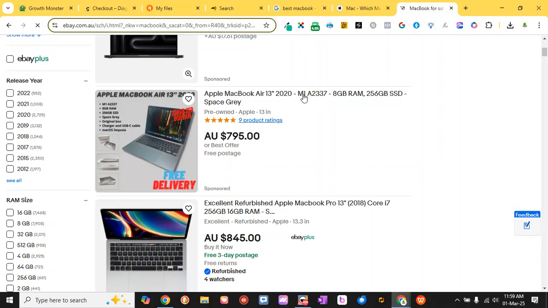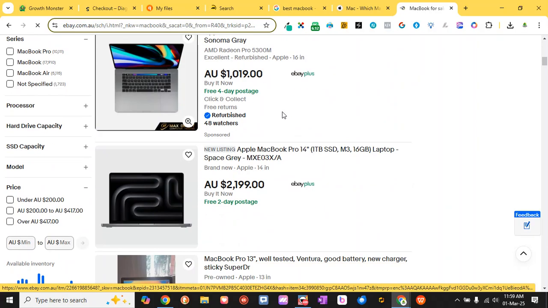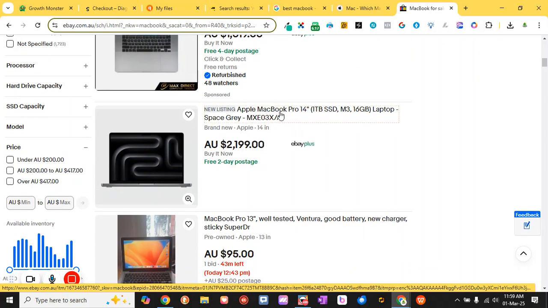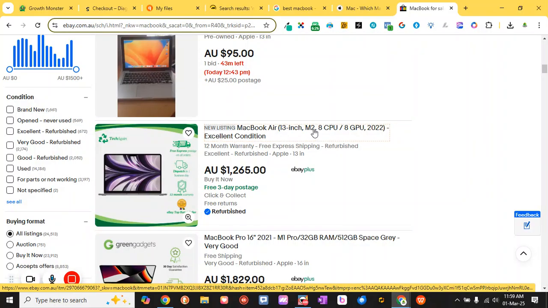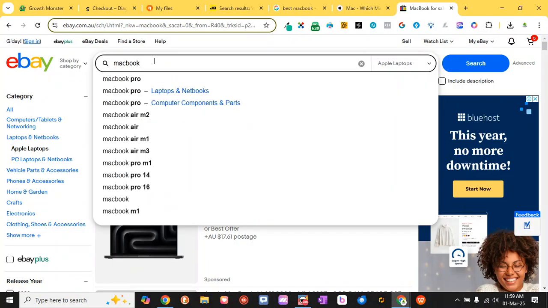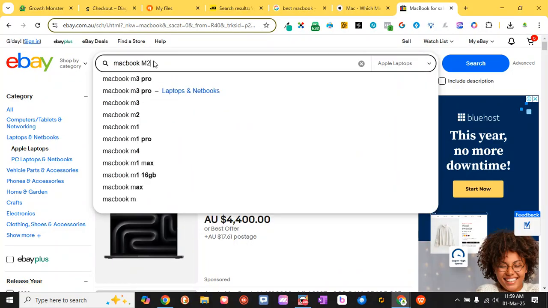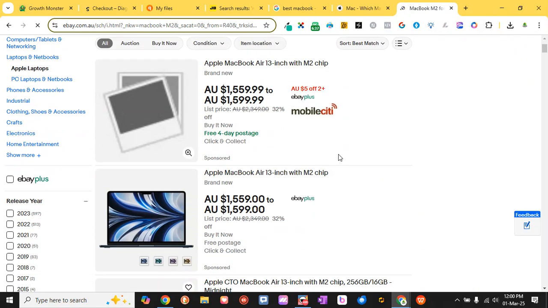So, M1, and then only 8 gigs. That's not going to be all too flash for now. So if you wanted modern computing, all right, let's look for the M2s, which would be the just-out ones.